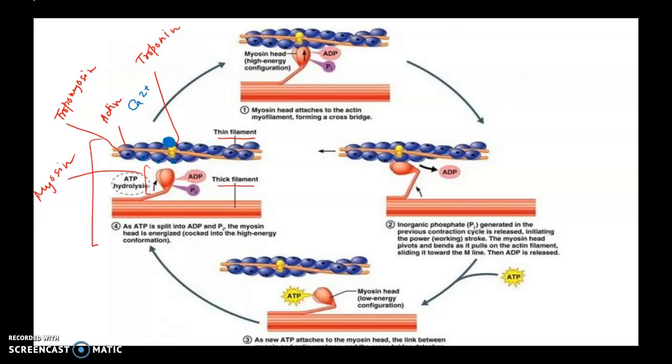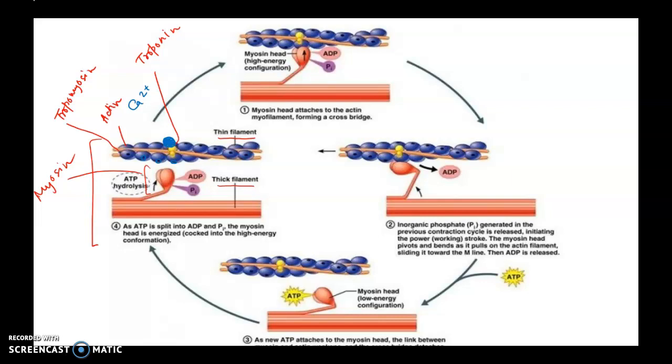Now let's focus on the myosin molecule. The myosin molecule is in the cocked position and has ADP and an inorganic phosphate, or Pi, attached to it. This is the high energy or cocked state of myosin. The idea is myosin is ready to attach to the active site of actin. But it could not do so because the troponin and tropomyosin were covering the active sites.